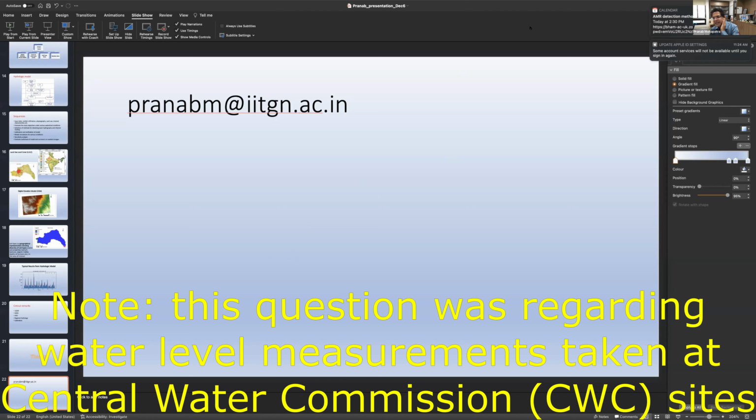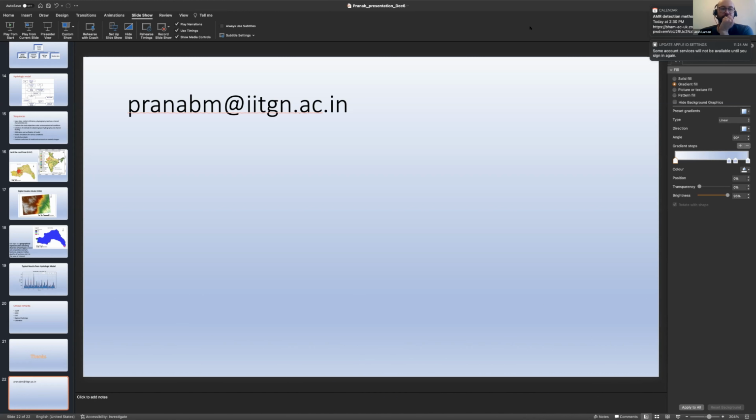That sediment measurement is not very frequent. The time gap is slightly more, not 3 times a day, probably once in a month or something like that. And not all CWC sites are for sediment measurement. Are they trying to measure only the suspended sediment? Yes, only suspended, not bed load.